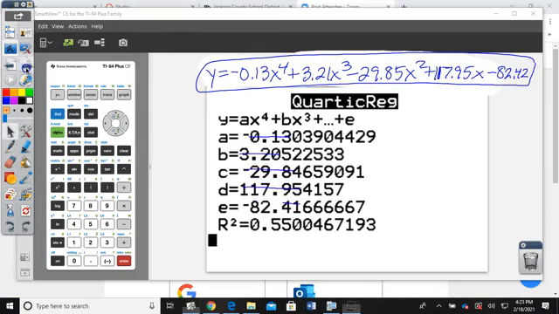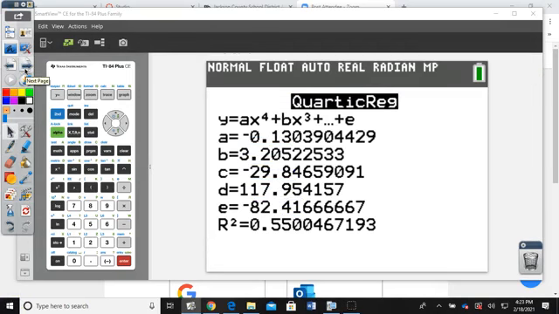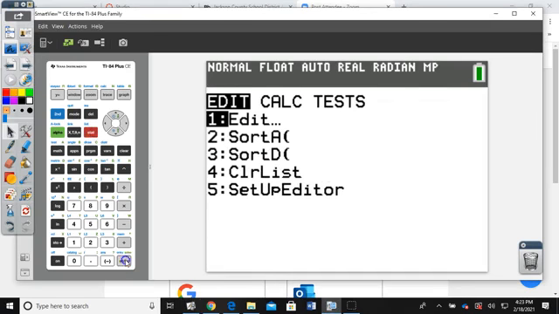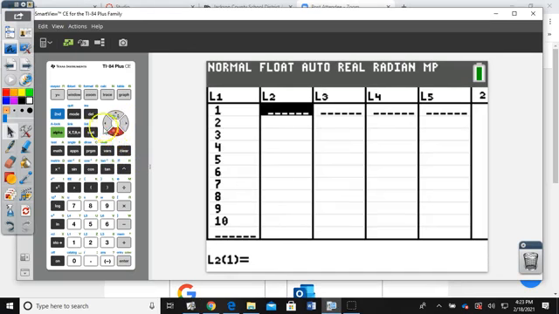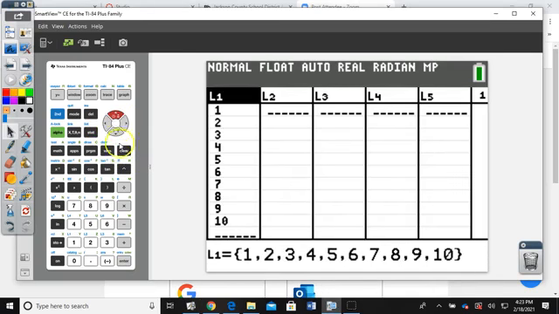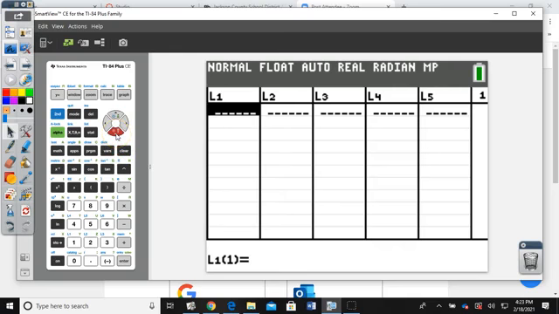All right. And our last one, number 19, same type of problem. We're going to edit our calculator list. And let's see here. We got 2, 4, 6, 8, 10, 12, 14, 16, 18, all the way to 20.